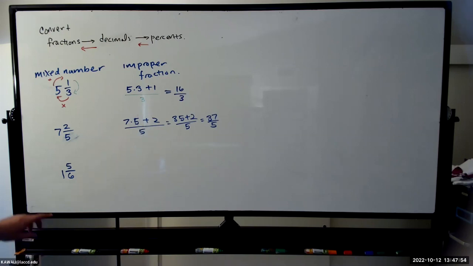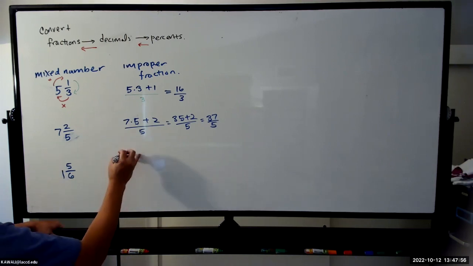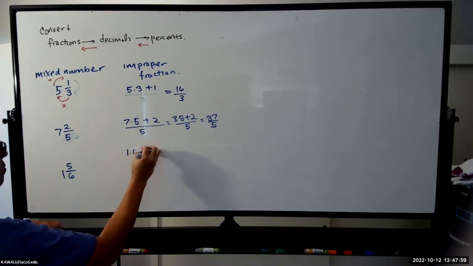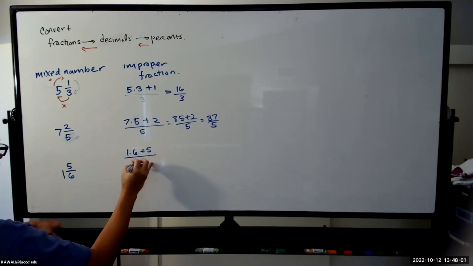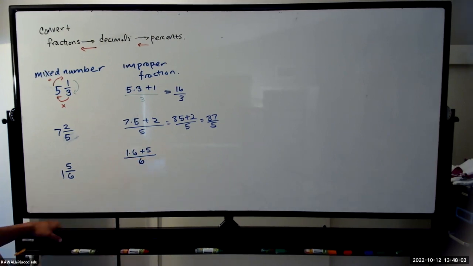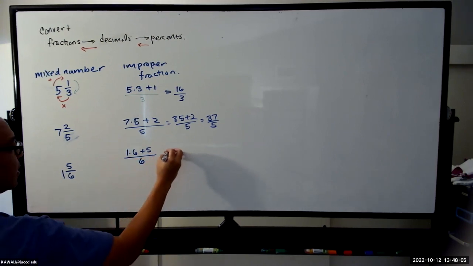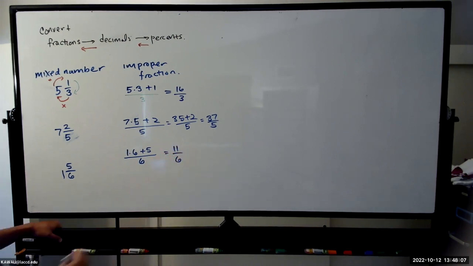So I have 1 times 6 plus 5 over the same denominator. So now I get 11 over 6.